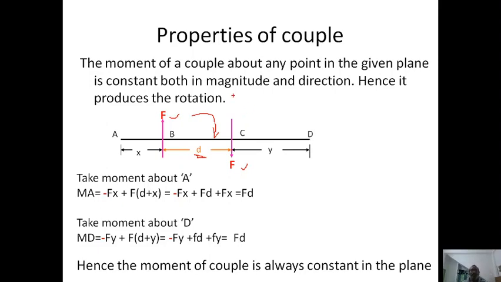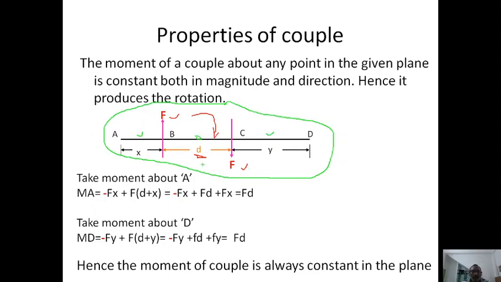So as one of the properties, in a plane, if I consider this is entirely a plane, it is acting like this in a plane. Hence this couple property gives the same moment magnitude at any point. If I consider this point, the same magnitude should be there. If I consider this point, the same magnitude should be there. If I consider this point, the same magnitude should come. Like that, the moment of the couple should not be changed.